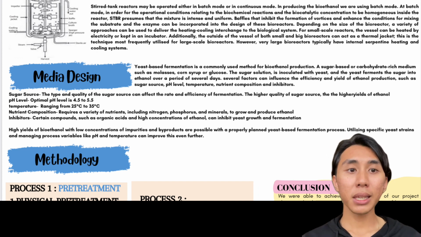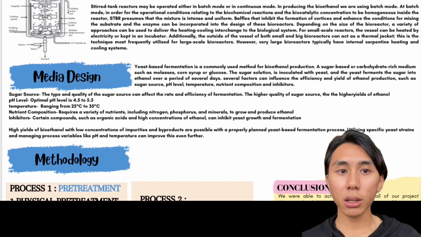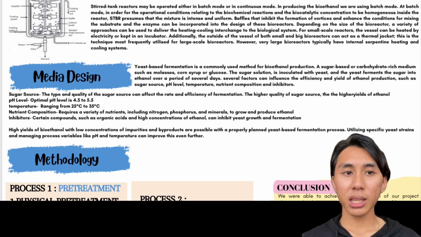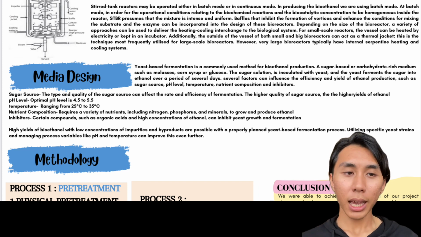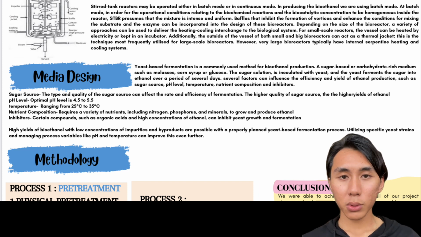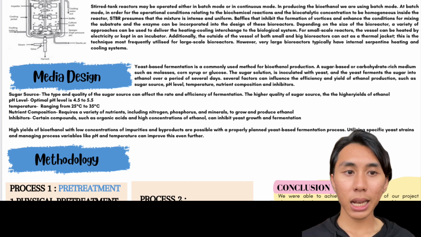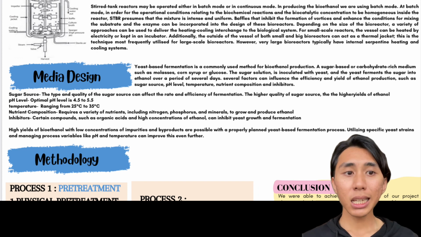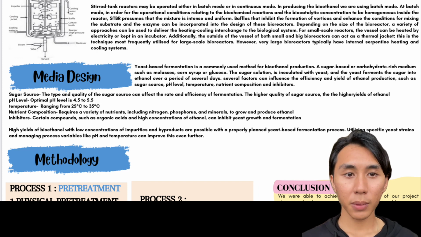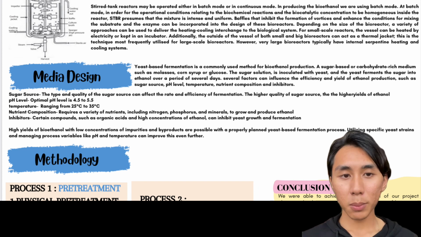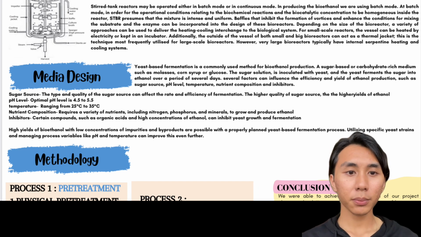The addition of yeast extract or corn steep liquor can provide these essential nutrients. As for inhibitors, certain compounds such as organic acids and high concentrations of ethanol can inhibit yeast growth and fermentation. Care must be taken to avoid high levels of inhibitors in the growth medium.